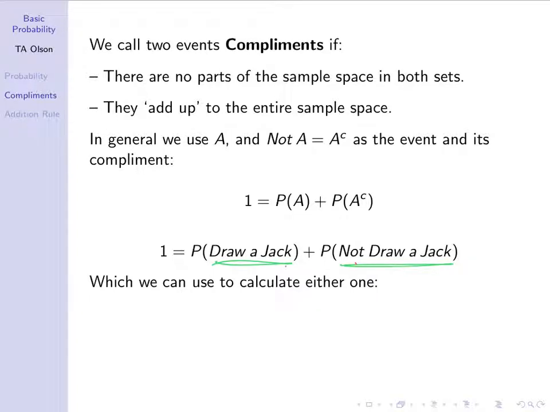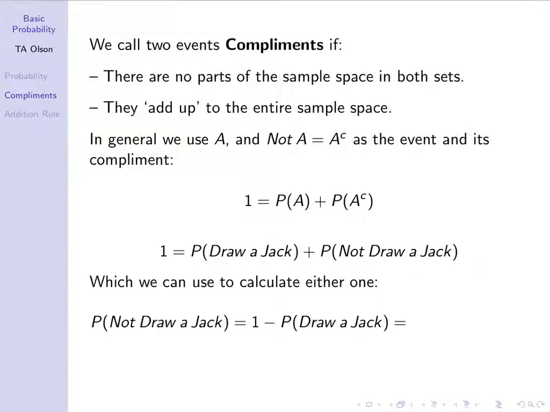Figuring out the probability of drawing a jack is pretty straightforward because there are 4 of these things. And the probability of not drawing a jack is then 1 minus the probability that I do draw a jack. So the entire probability space minus 4 over 52 comes up with a probability of 0.9231 that I actually do not draw a jack.